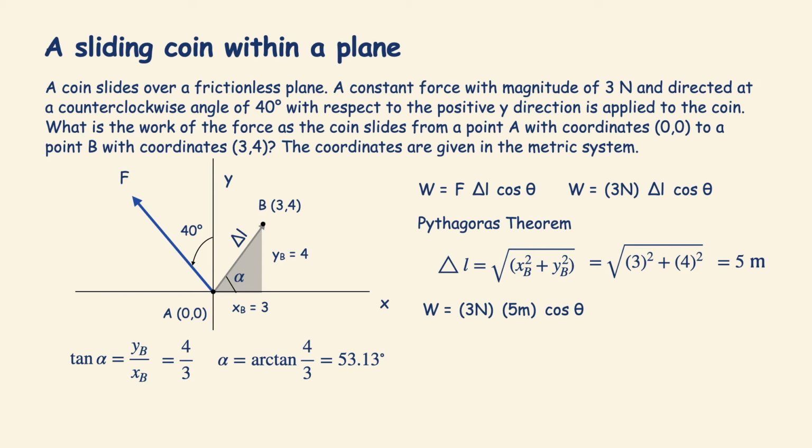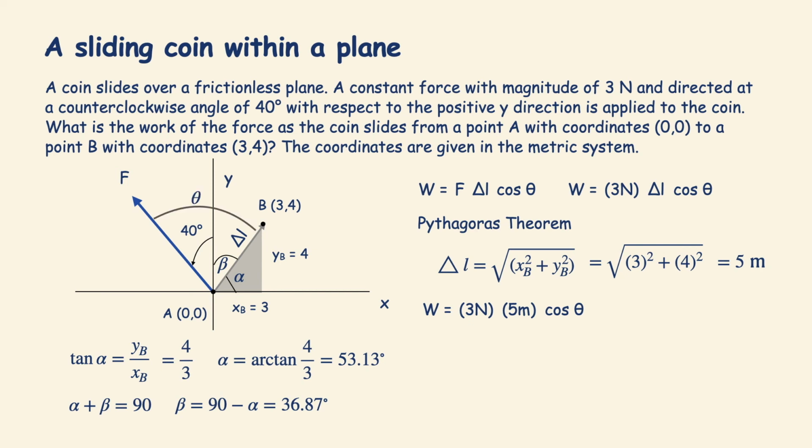I have kept one extra digit here because I don't want to accumulate rounding errors by the time I get to the final answer of the problem. Now let's look at this angle beta, which is the complementary angle to alpha. In other words, alpha plus beta add up to 90. That means beta is 90 minus whatever we calculated for alpha, so beta is equal to 36.87 degrees.